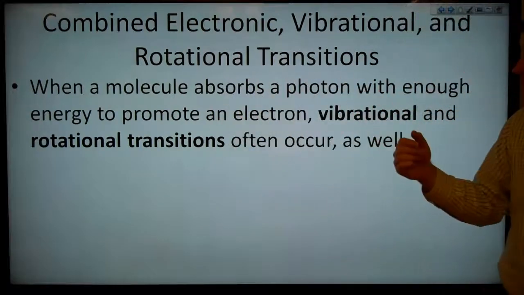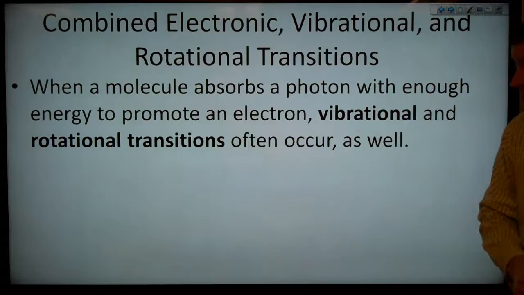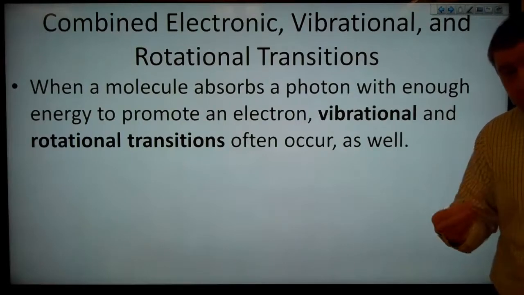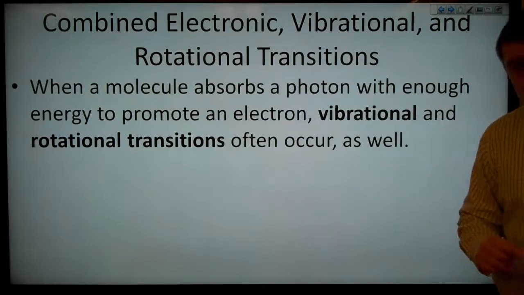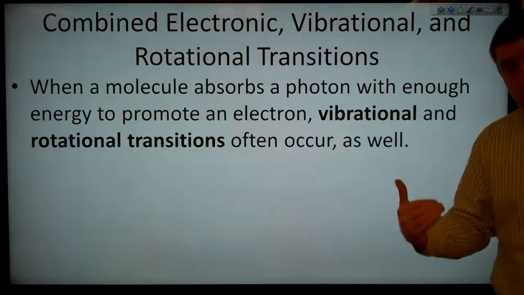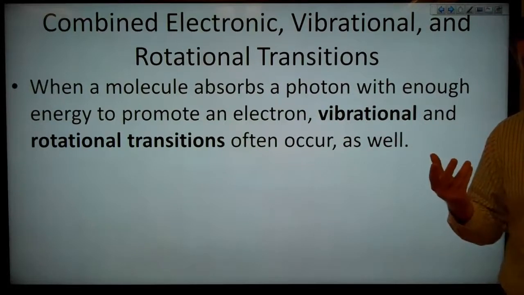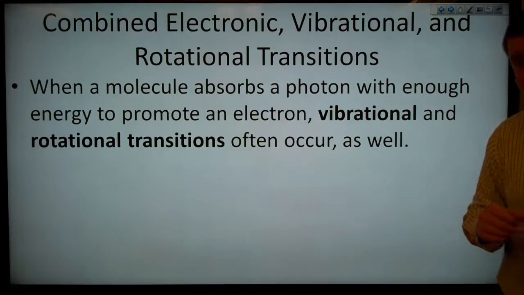So when a molecule absorbs a photon with enough energy to promote an electron, then vibrational and rotational transitions often will occur as well. Unless that photon has exactly the right energy, only enough to promote the electron, if it has more energy than that, then it can promote the electron and promote the molecule into an excited vibrational or rotational state along with the excited electronic state.